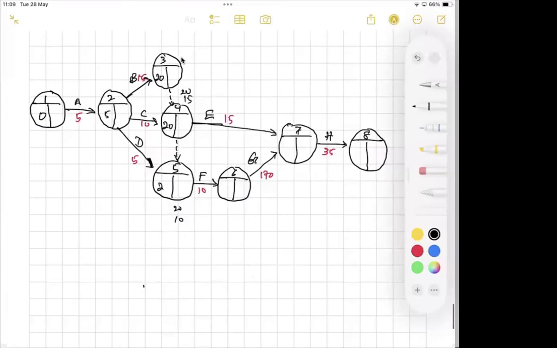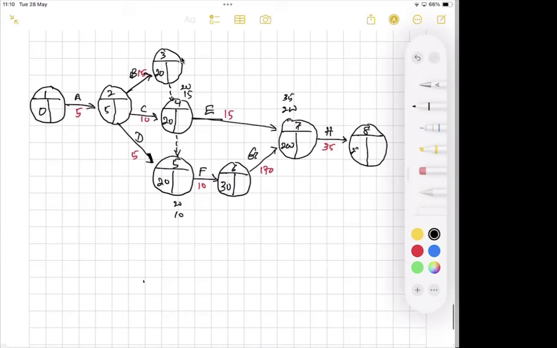The maximum is 20. Then F, 20 plus 10, 30. When it comes to event number 7, we have two paths, 20 plus 15, 35. 30 plus 170, 200. Maximum is 200. Then 200 plus 35, 235, right?